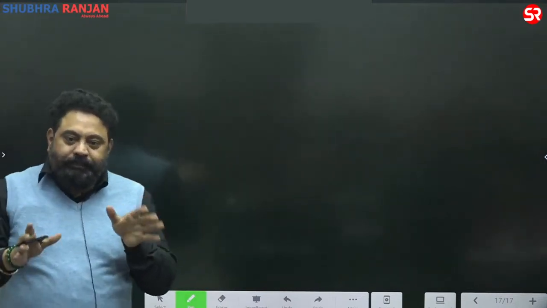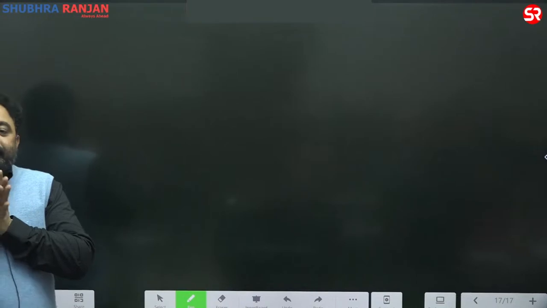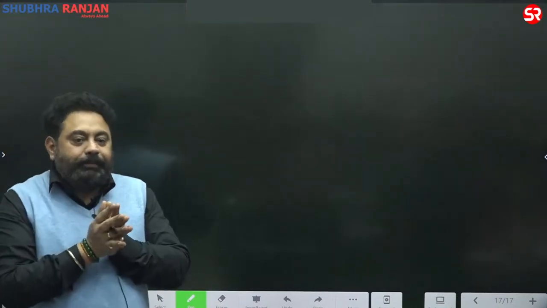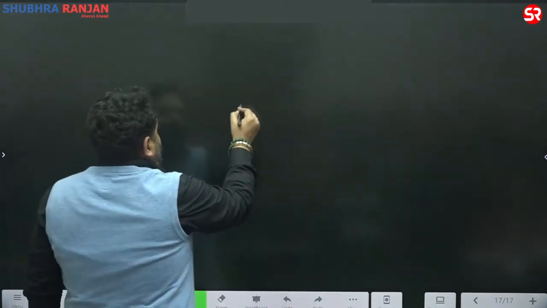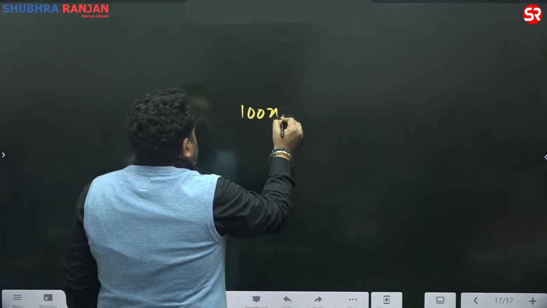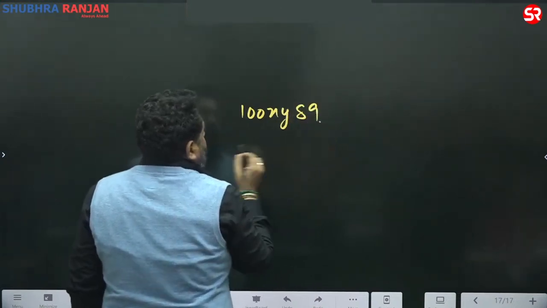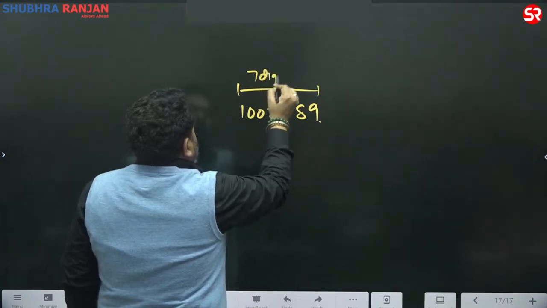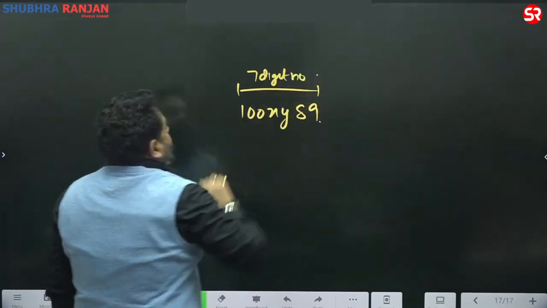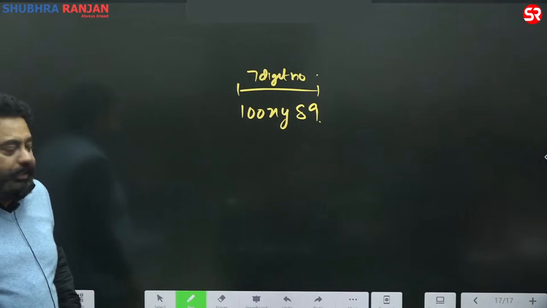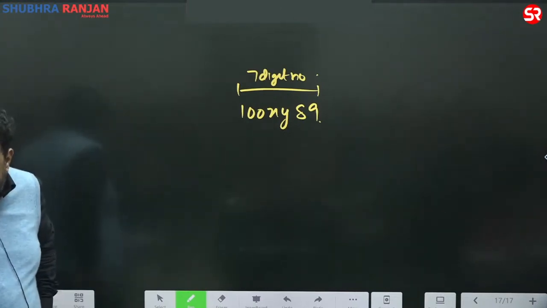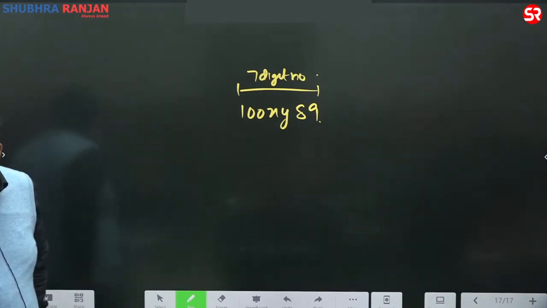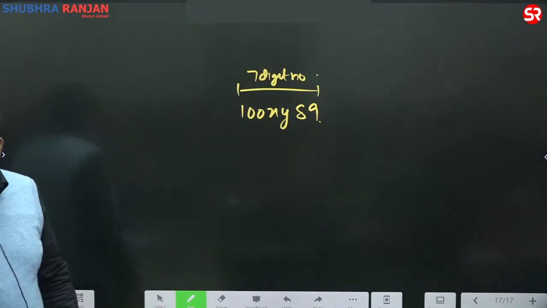So, one situation which is really important for prime numbers and otherwise also, because I have seen it, so I have to do it, is this. 100XY89 is a 7-digit number. X and Y are missing numbers.